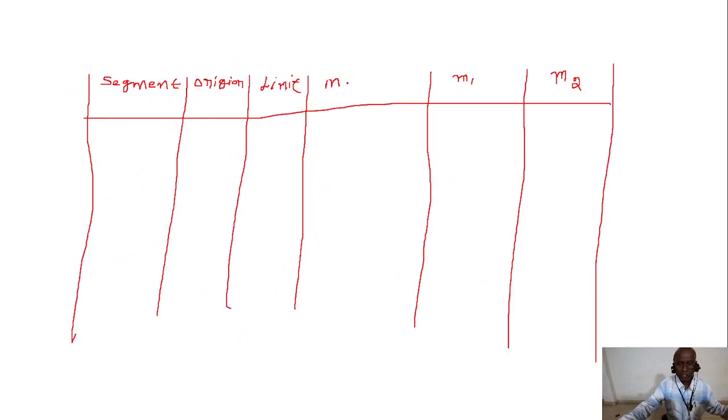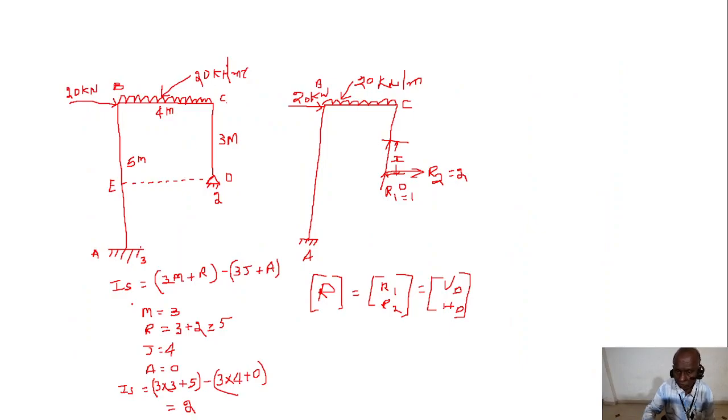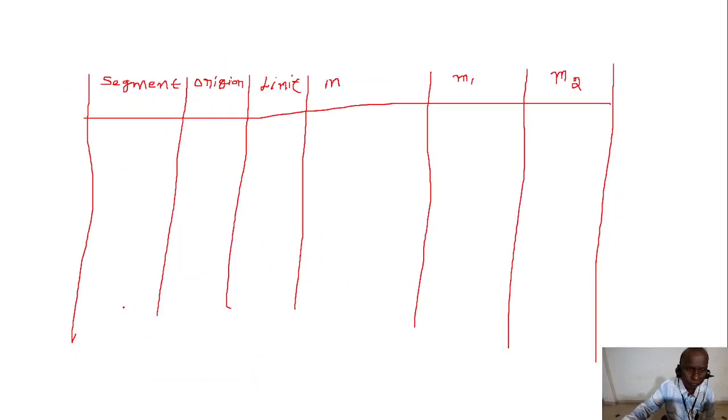There is no external load acting on the segment DC. So for segment DC, the origin is point D and the limit is 0 to 3.